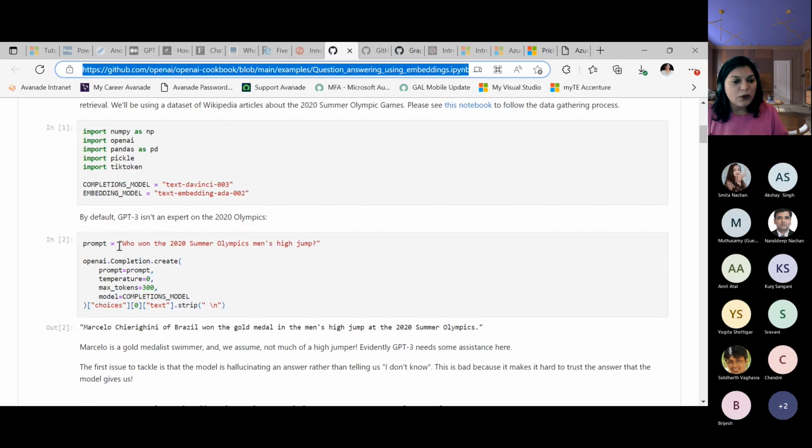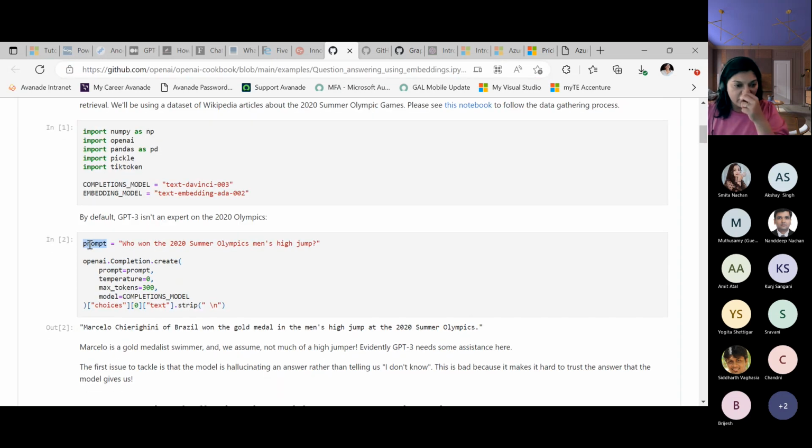So for example, this is a prompt. When I keep on saying prompt and zero shot learning, this is a prompt, and the prompt is: who won the 2020 Summer Olympics in men's high jump? Currently the model has no context, right? It is just a question, which I call zero shot, because the model doesn't have any understanding or any pre-context, and I'm just asking it a question.